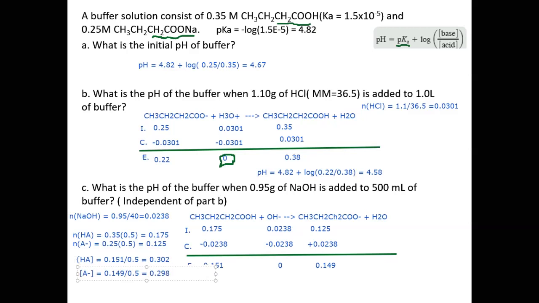And you'll see here that the concentrations are almost the same. So this pH is going to be near the pKa. Get 4.81, so almost the pKa.